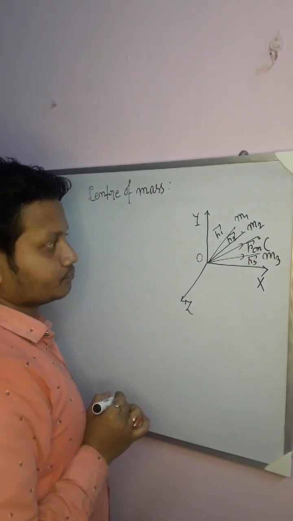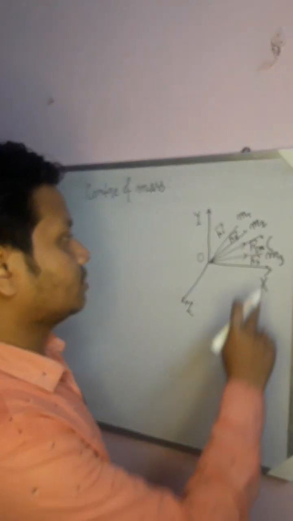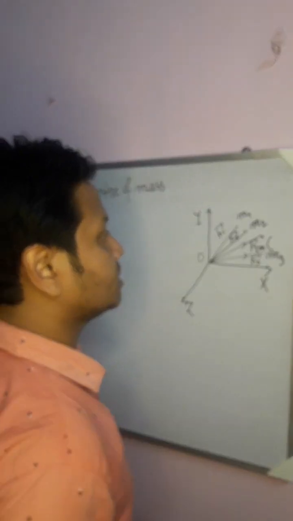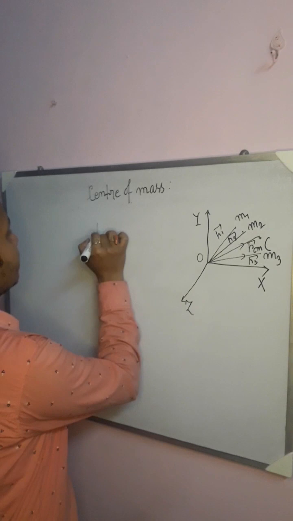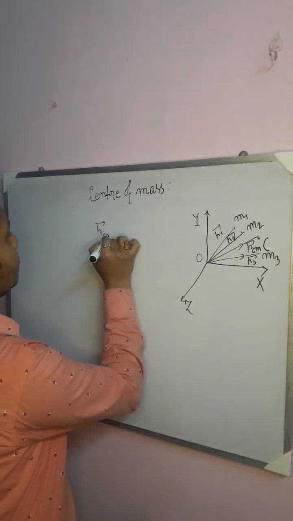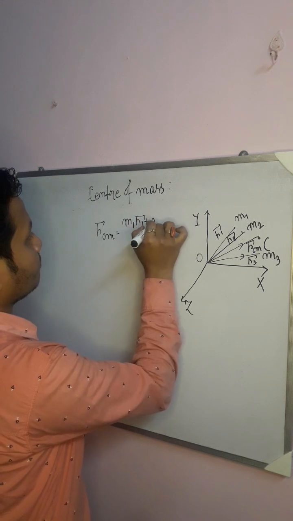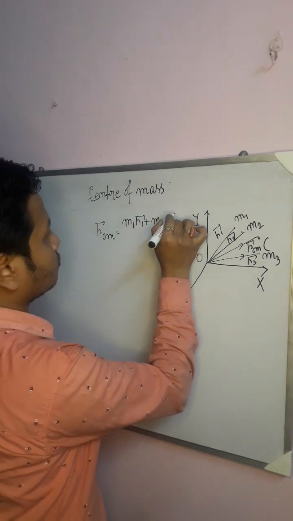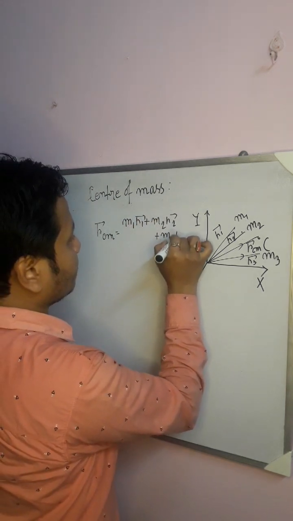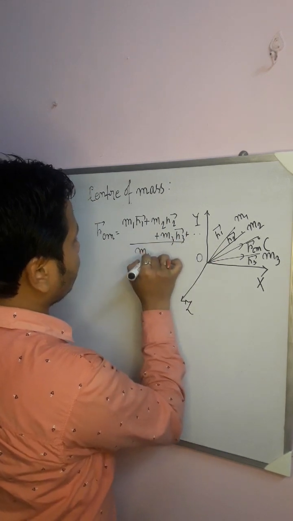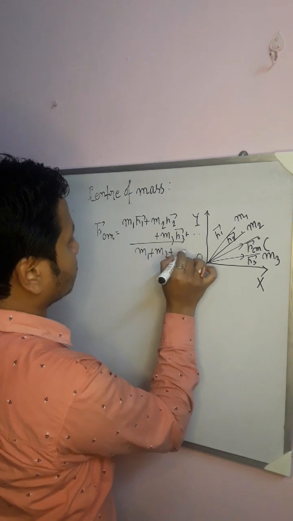So if the position coordinate of the center of mass with respect to this origin is r cm, it can be defined in this way: m1 r1 plus m2 r2 plus m3 r3 plus dot dot dot, divided by m1 plus m2 plus dot dot dot.